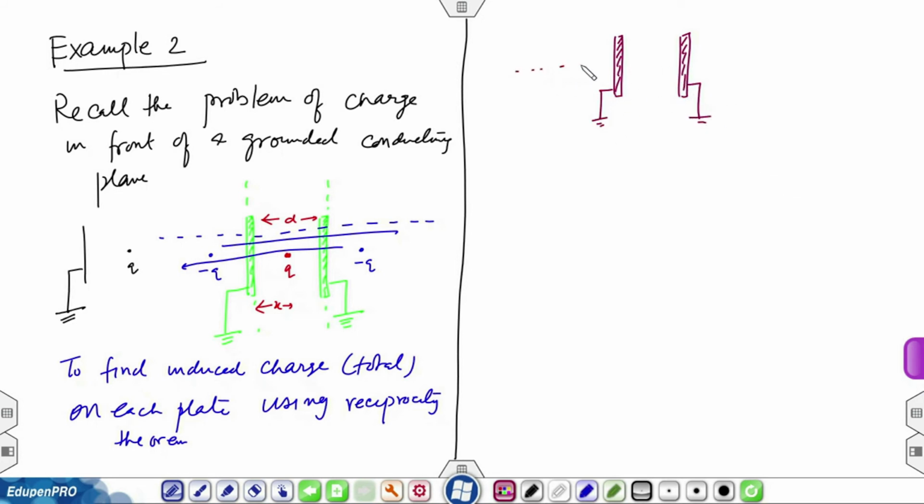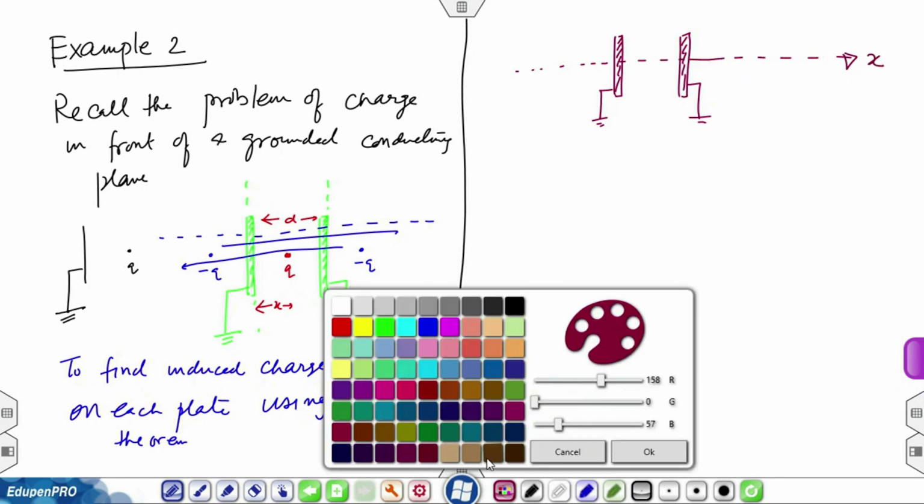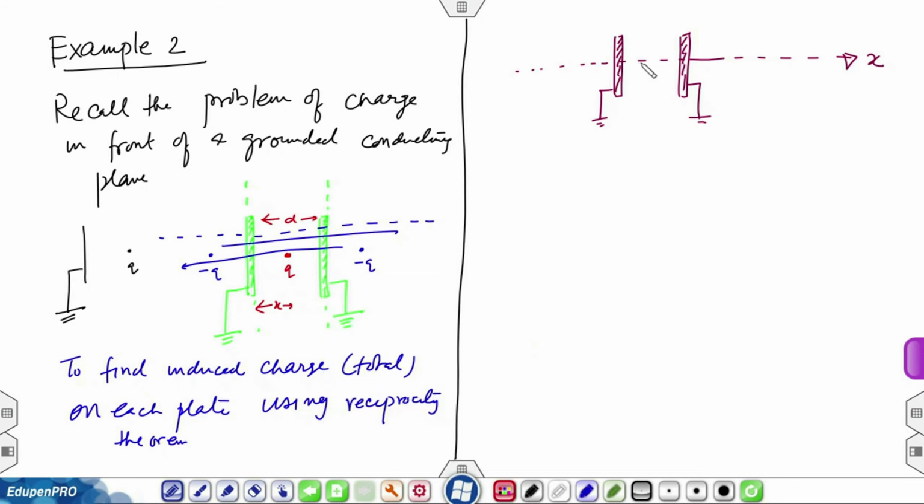Let us take this direction to be x, and here is a charge q right here at a distance x from the left plate, and the distance between the two plates is d. So, in this case, V1 on the surface is 0. Let us take the left plate to be at the position x equals 0.